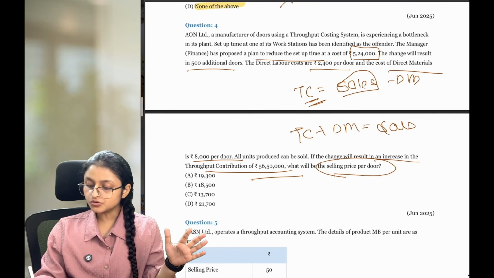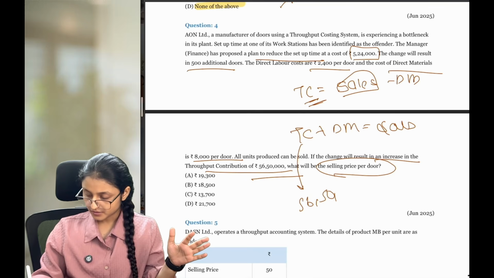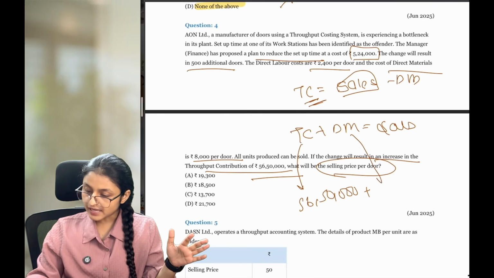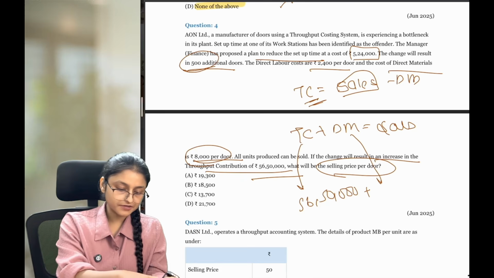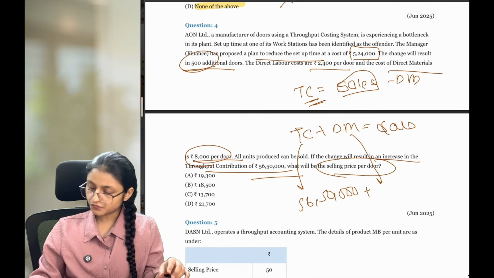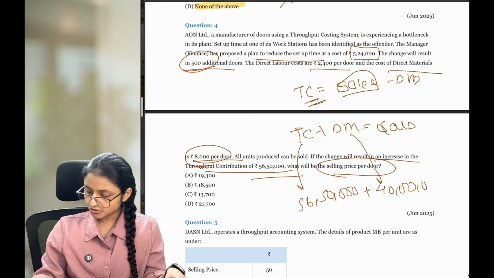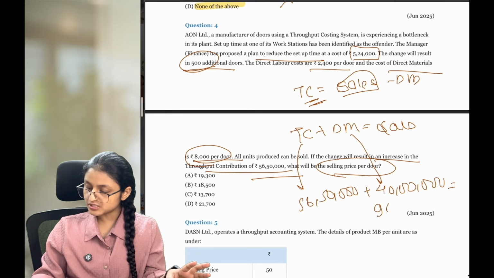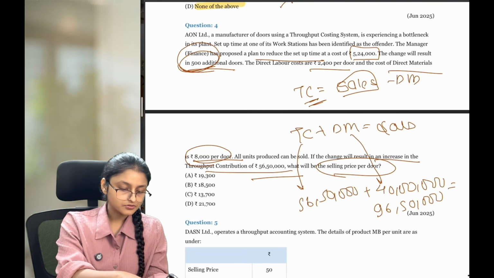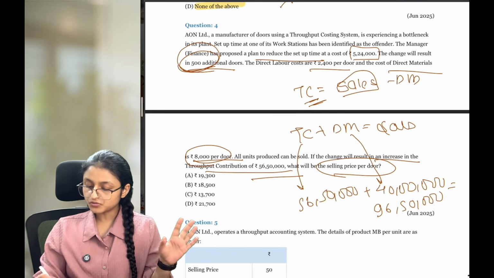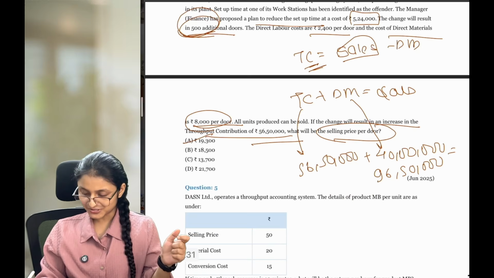So I already know the throughput contribution as 56,50,000, and your direct material is 8,000 per door multiplied by 500 doors. So this is equal to 40 lakhs. The total of this will give me the sales amount, which is 96,50,000, and this is for 500 additional doors. So 96,50,000 divided by 500 doors will give you 19,300 as the selling price per door.